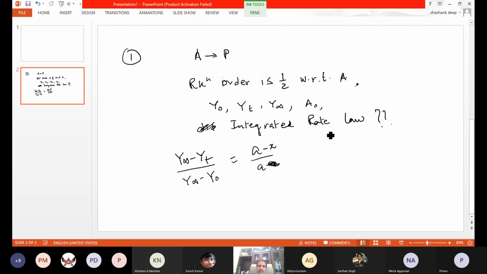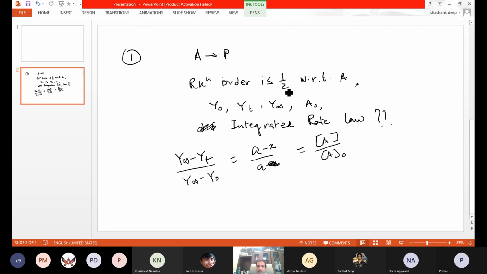If you remember that, that's what we did. y infinity minus yt divided by y infinity minus y naught is equal to a minus x by a. This is valid for any reaction. What I mean is that it doesn't depend on the order. So this is a by a naught.